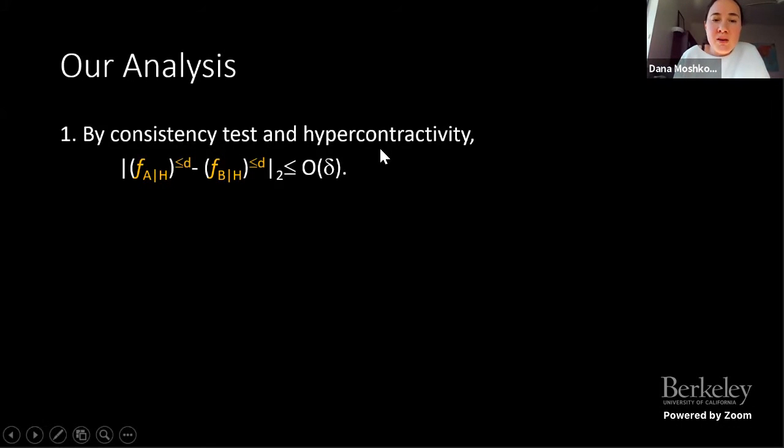First of all, we have this consistency test where we check the 2 functions on the hyperplane. Those functions that we talk about are Boolean functions, and we know that our typical answers are the same.